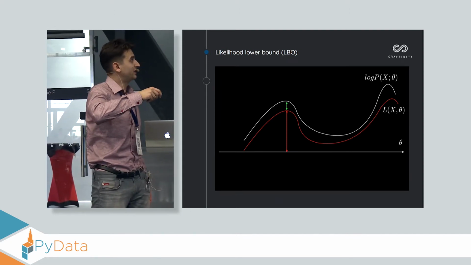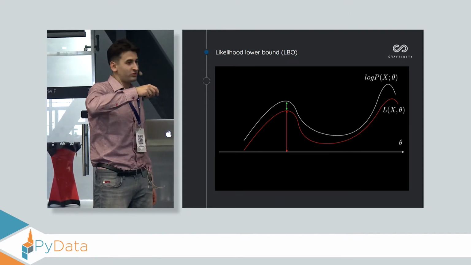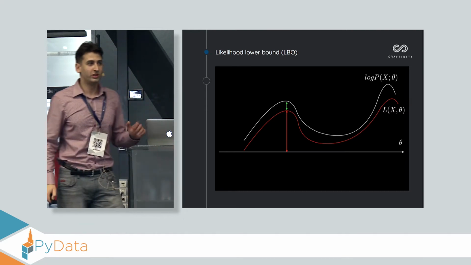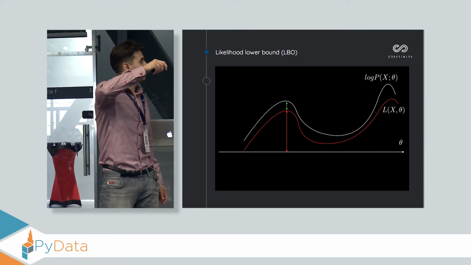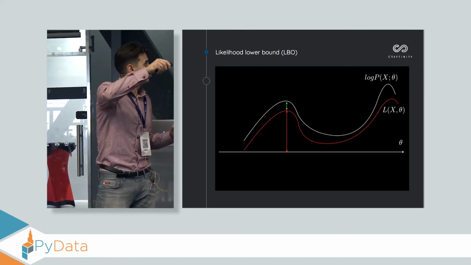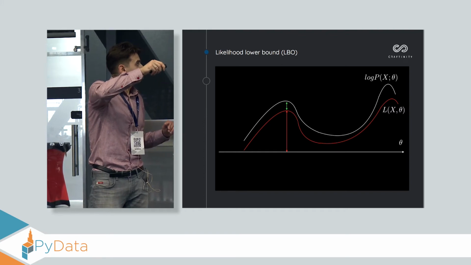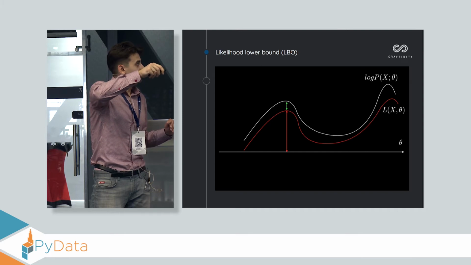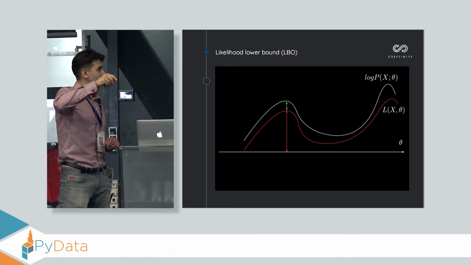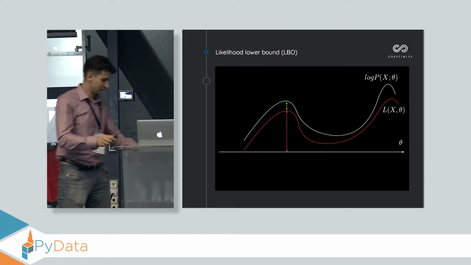We train the VAE by introducing some function which always has values lower than our true likelihood, but is close enough to the true likelihood that when we maximize this lower bound for parameters theta, we also obtain a good solution for the true likelihood.